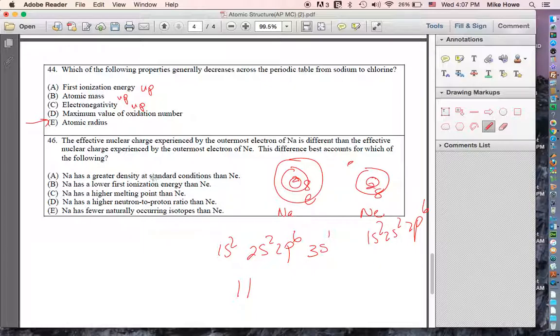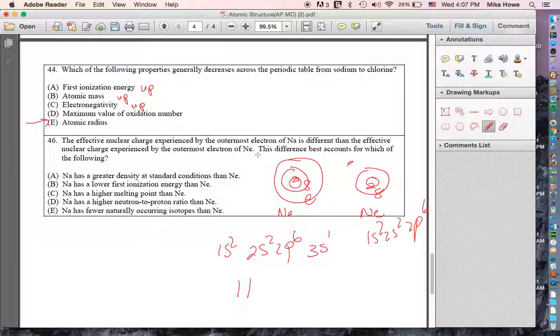Okay, so they say sodium has a greater density at standard conditions than neon. Yeah, that would be true, but that doesn't affect its effective charge. Sodium has lower first ionization energy than neon. That's true also. And sodium has a higher melting point. Oh wait, I'm trying to answer the wrong question.